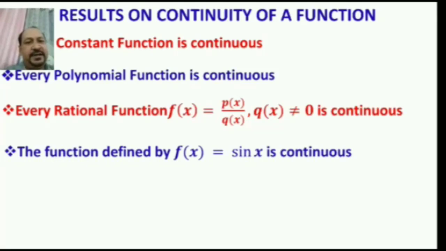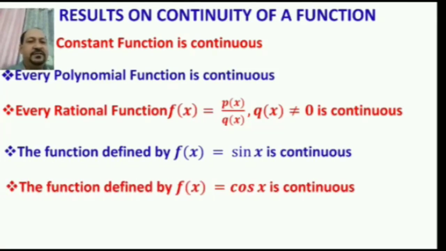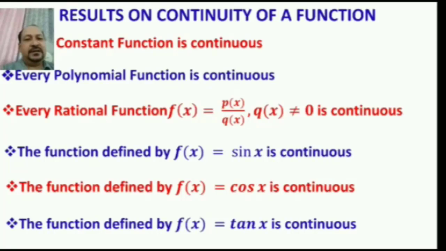The function defined by f(x) equal to sin x is continuous. The function defined by f(x) equal to cos x is continuous. Also the function defined by f(x) equal to tan x is continuous.